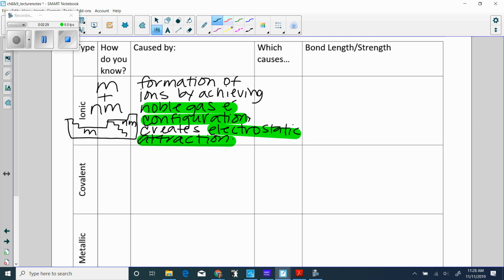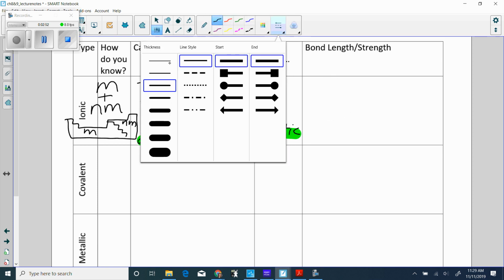They don't have feelings, they're not things, but to achieve the noble gas electron configuration, okay? So formation of ions is due to that, and then when ions interact with each other, they create what's called an electrostatic attraction, which we have talked about before, but we're going to do a little bit more quantitatively now.